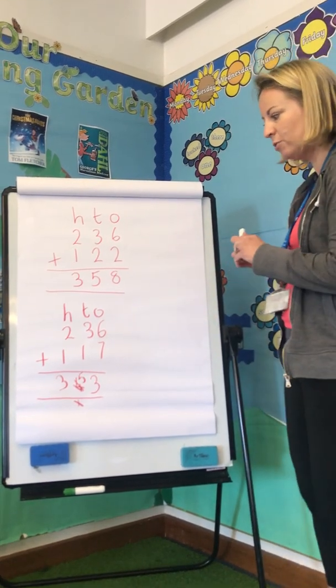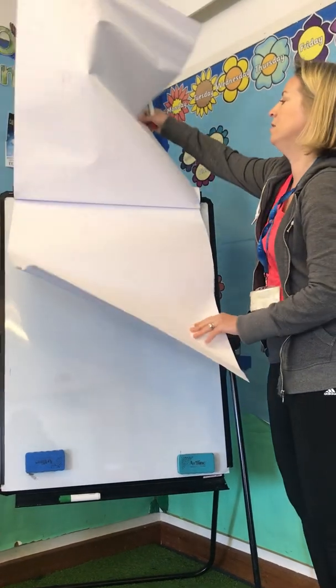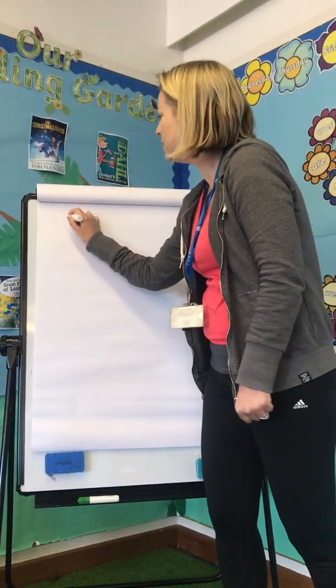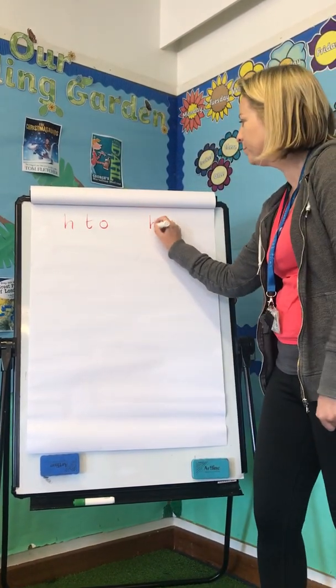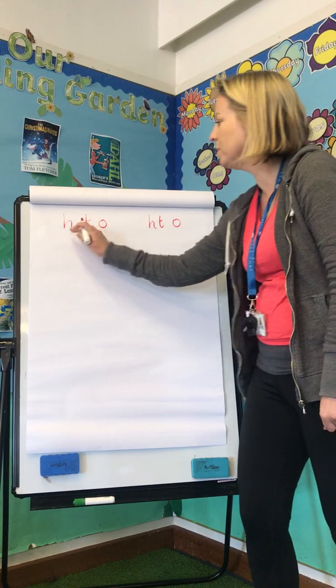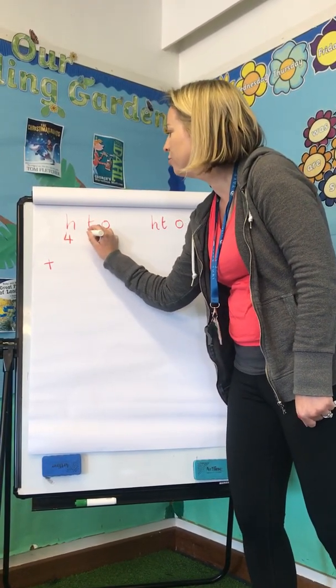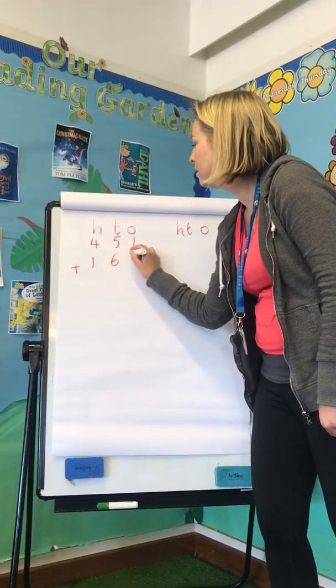So now I'm going to give you some to work out independently, and then I'm going to show you the website as well. So on your lined paper or your squares, remember to write your hundreds, tens and ones at the top. Okay, and there's going to be some appearing on the board. Look how I'm setting it out. I always try and line up my hundreds, tens and ones underneath.